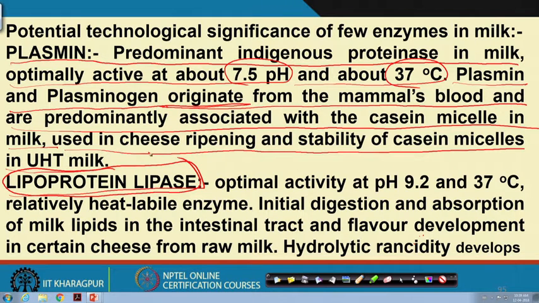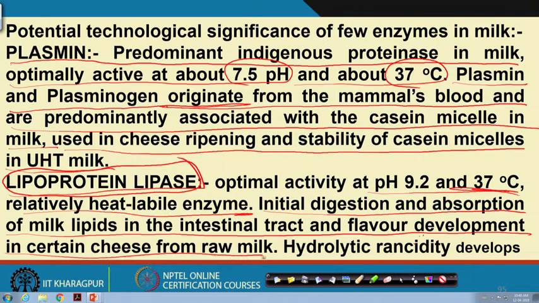Its optimal activity is around pH 9.2 at 37 degrees centigrade, and it is a relatively heat stable enzyme. It is used in the initial digestion and absorption of milk lipids in the intestinal tract and in flavor development in certain cheese from raw milk, and it develops hydrolytic rancidity.